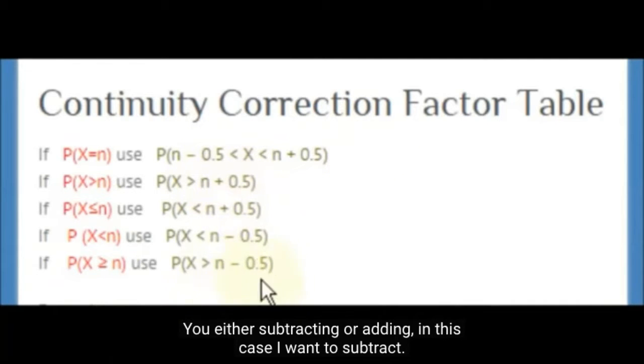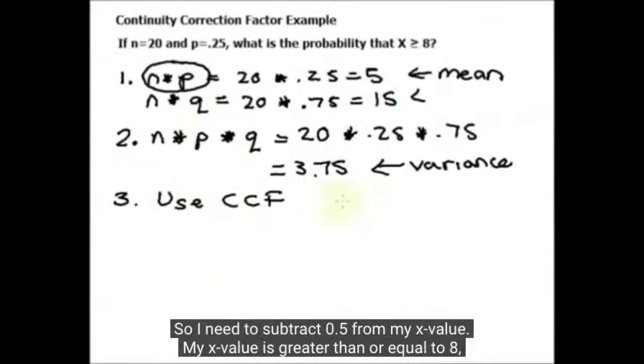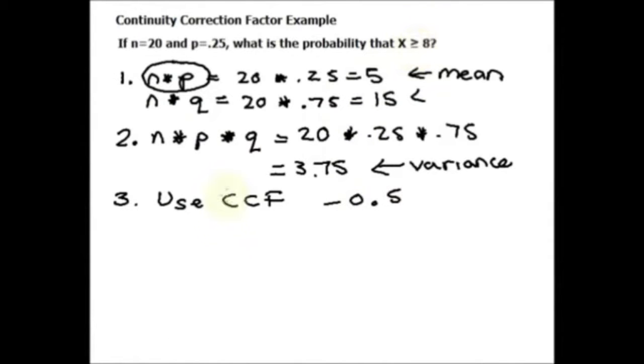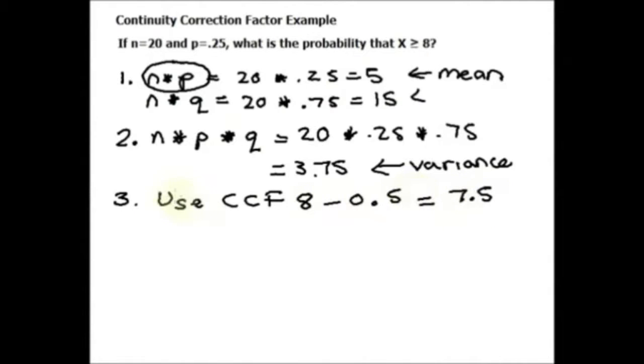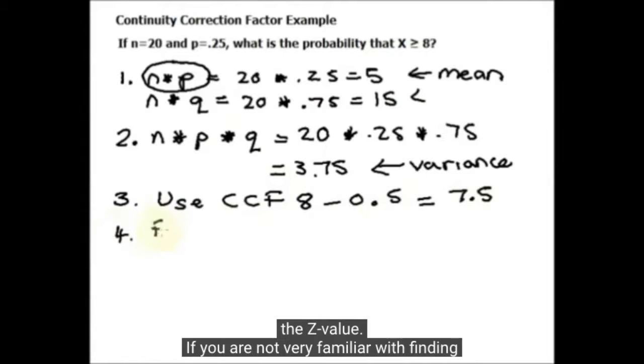In this case, I want to subtract. So I need to subtract 0.5 from my x value. My x value is greater than or equal to 8. So instead of 8, I'm going to have 7.5. So 8 minus 0.5 is 7.5. I'm going to use this in finding the z value.